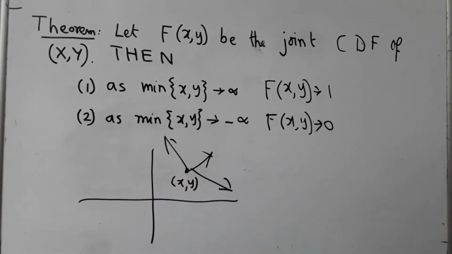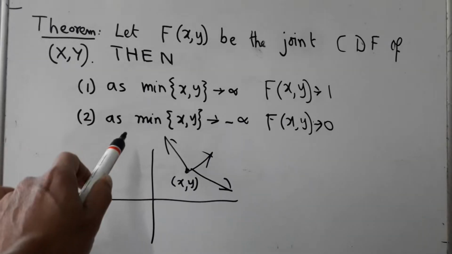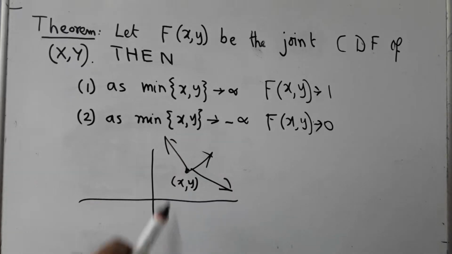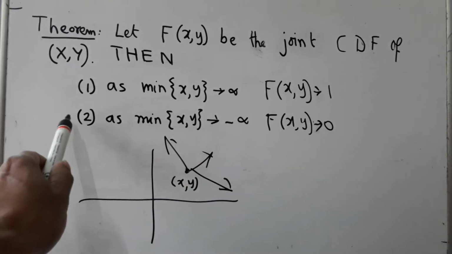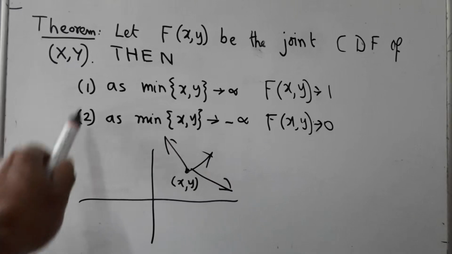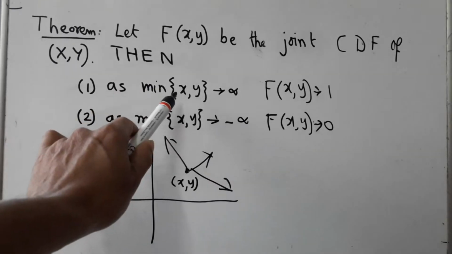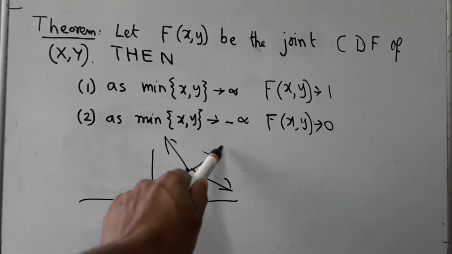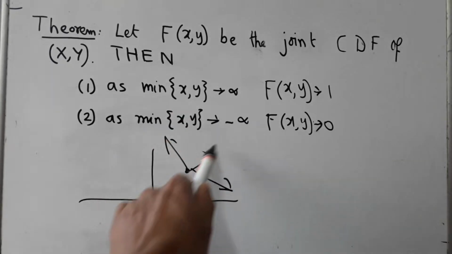I am still using min, not max, but the meaning changes because now it says if at least one of them is going to minus infinity, then this condition will be triggered. Here, both of them must go to infinity. Here, at least one of them has to go to minus infinity. Thus, for these three arrows, this is going towards infinity, minimum goes towards infinity.